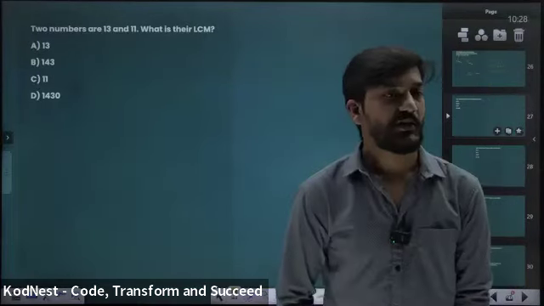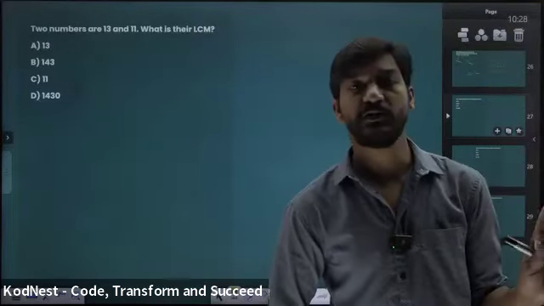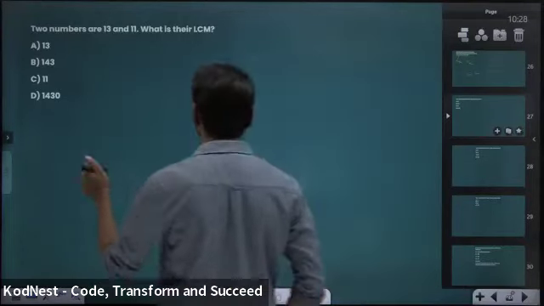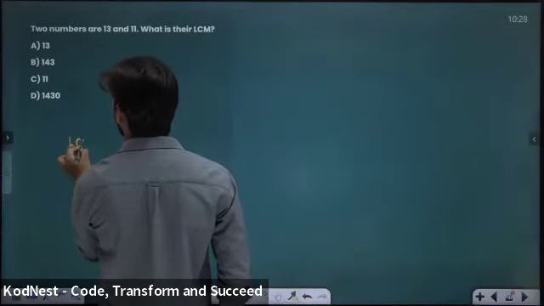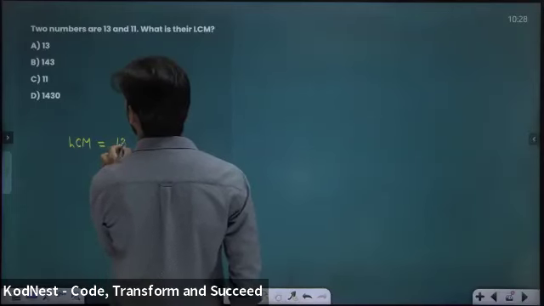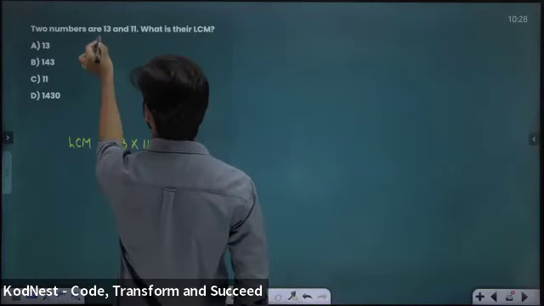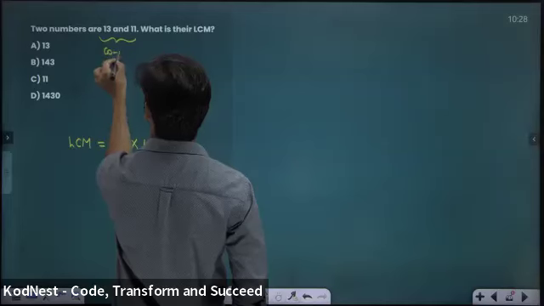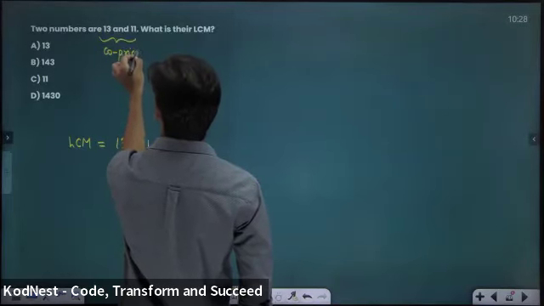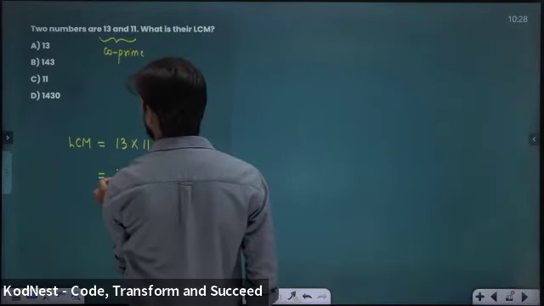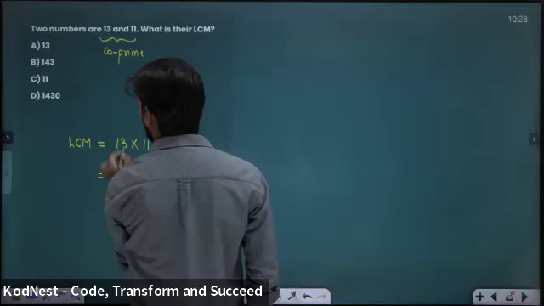LCM, how much? Nothing is common, so just take the product, don't overthink. So LCM equals 13 into 11 because it is coprime. This will give you 143. Okay.